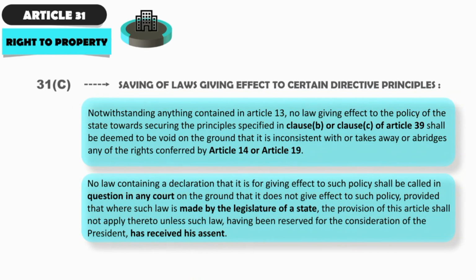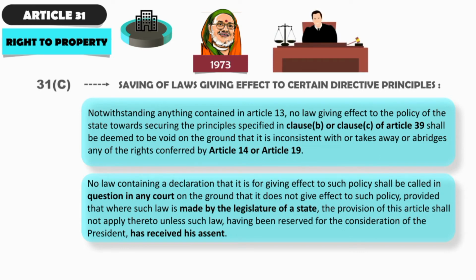In the year 1973, the Keshavananda Bharati case came, in the judgment of which the Supreme Court, while mentioning Article 31 Clause C, said that your first provision is fine. There is no problem in that. But in the second provision, you are taking away the power of judicial review. That is wrong.